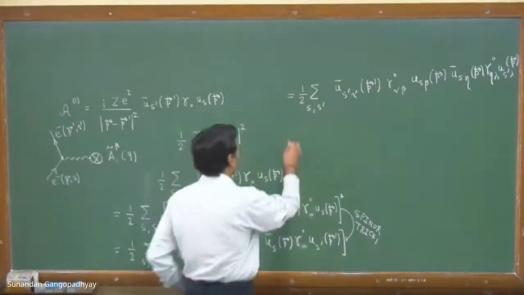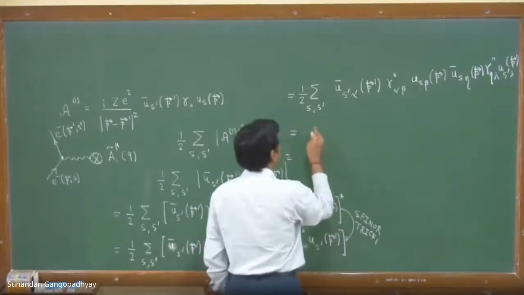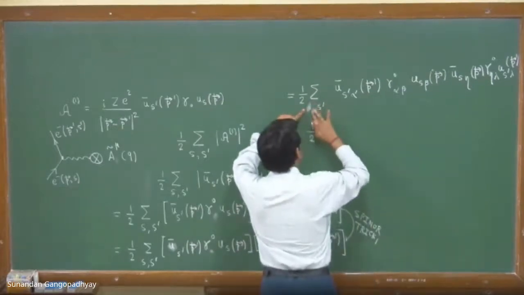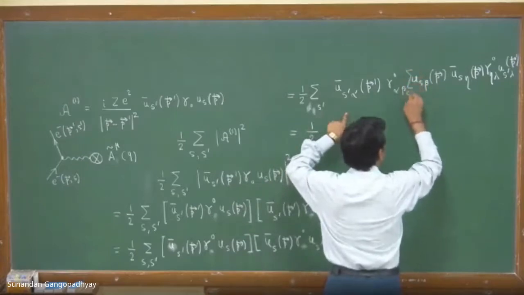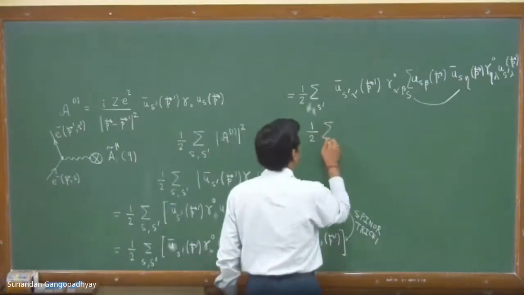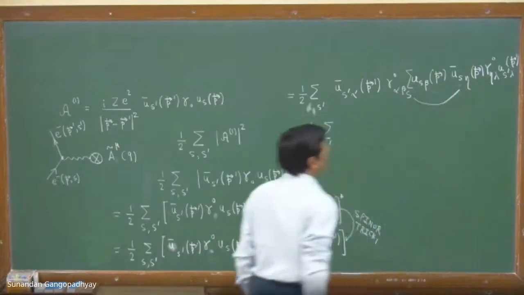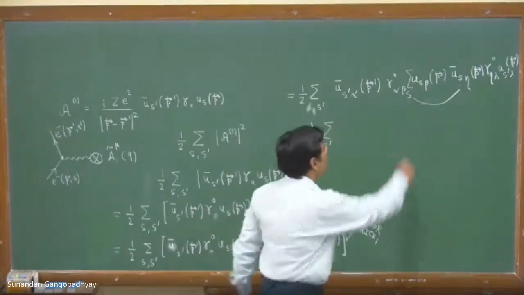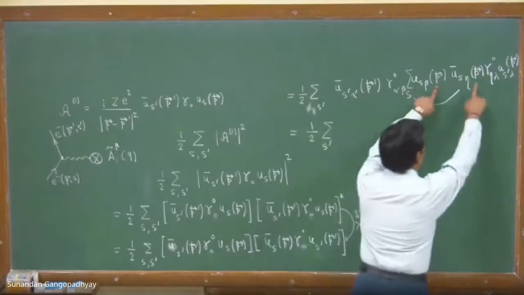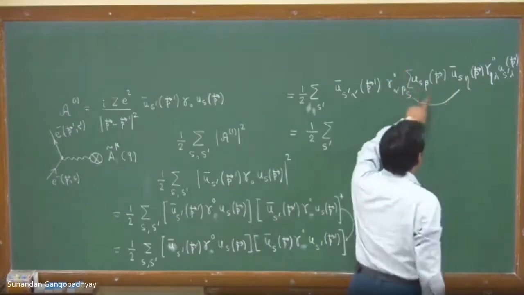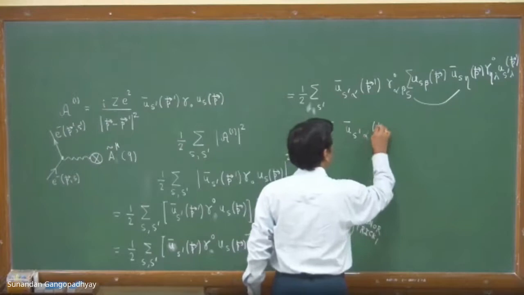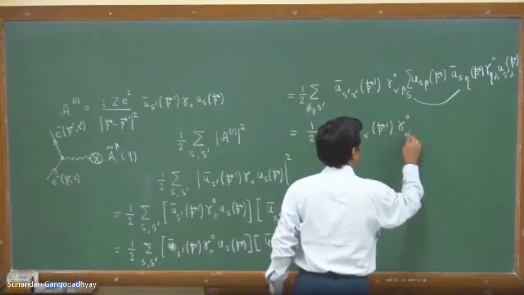And now what we shall do is apply the spin sum formula to the sum over S. You can use the spin sum formula here, which involves U and U bar at the same momentum P, same S and sum over S. So the answer that you will get here is U bar S alpha P prime gamma 0 alpha beta.